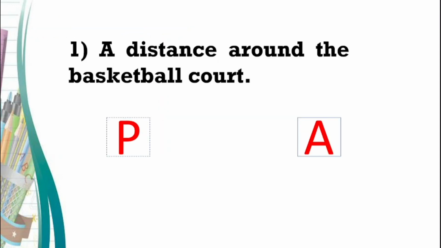Okay, so for number 1, we have a distance around the basketball court. P for perimeter and A for area. Okay, so let's reveal the answer. The correct answer is perimeter because we're going to find the distance around the basketball court.